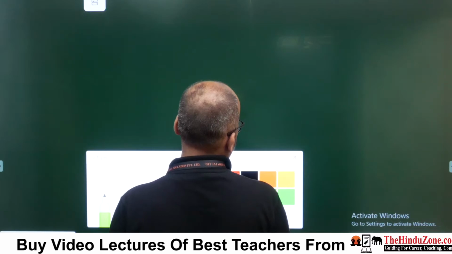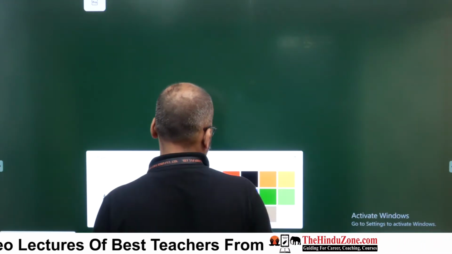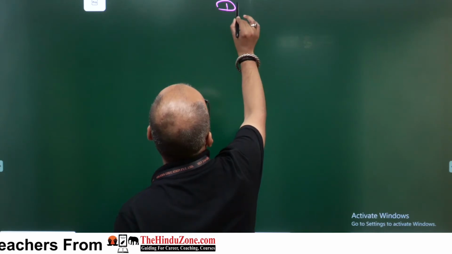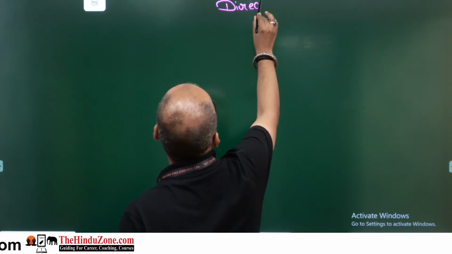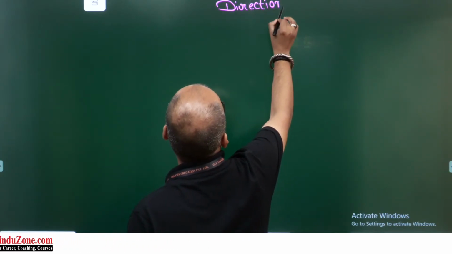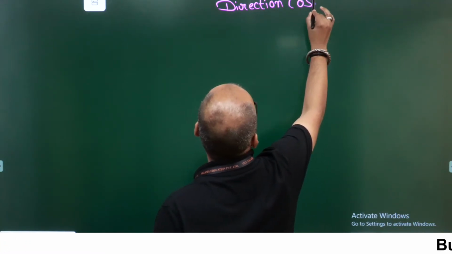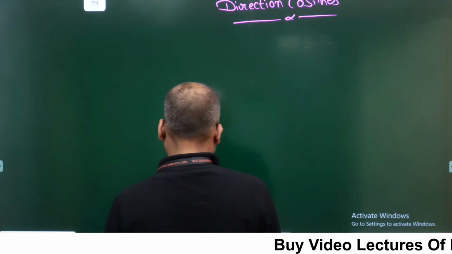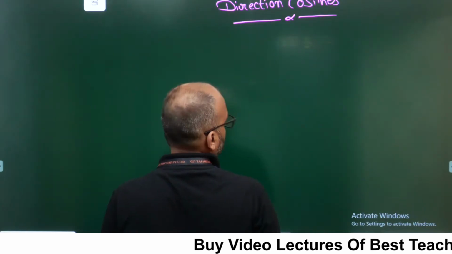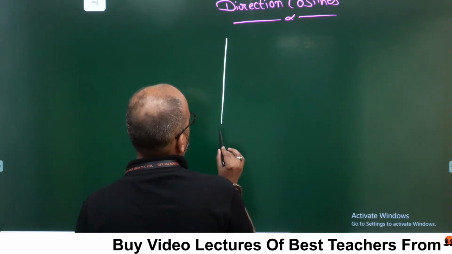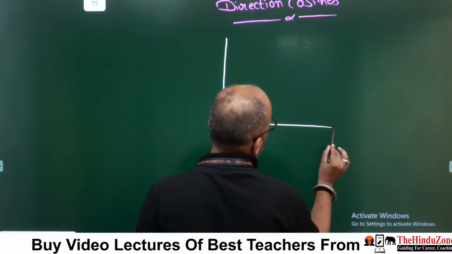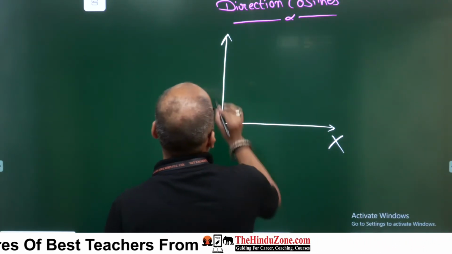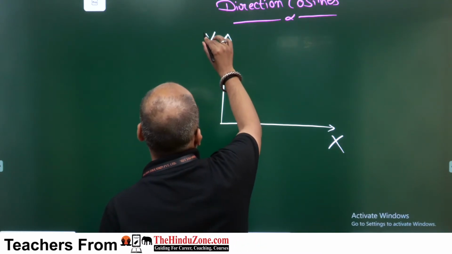Now let's talk about direction cosines. Suppose these are my two axes, x-axis and y-axis. Okay?